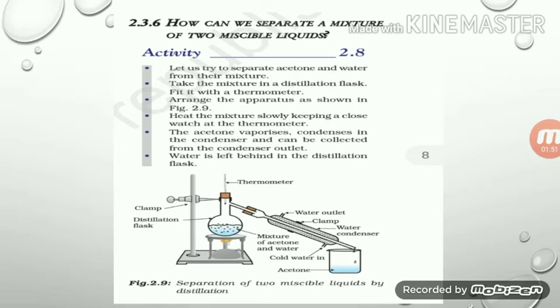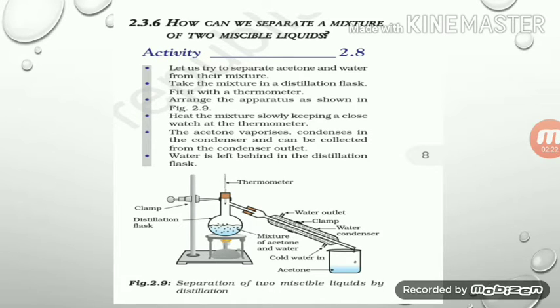The liquid having the lower boiling point will vaporize first, and we can collect this liquid first, leaving behind the less volatile component.